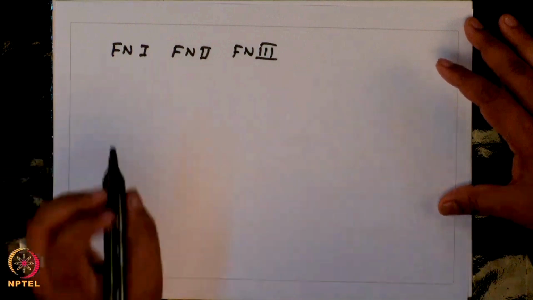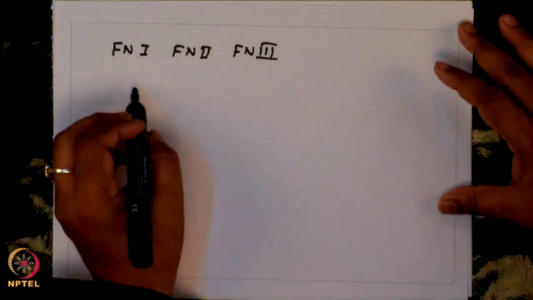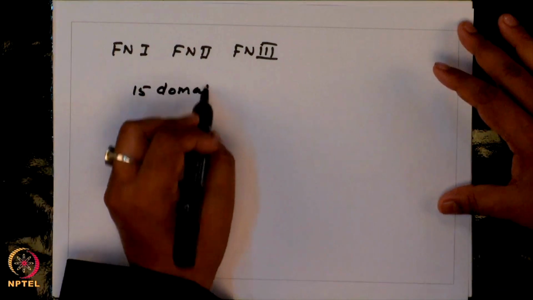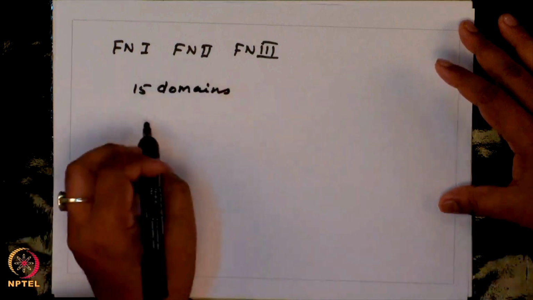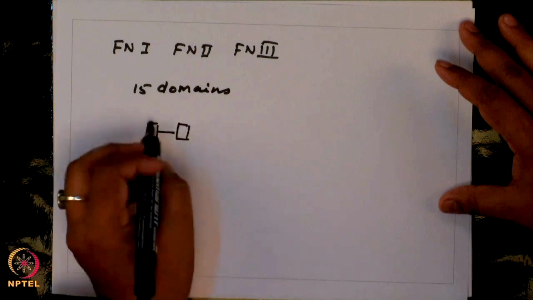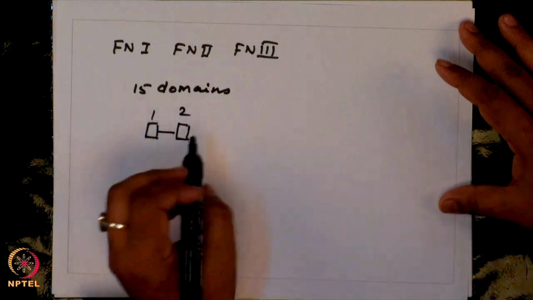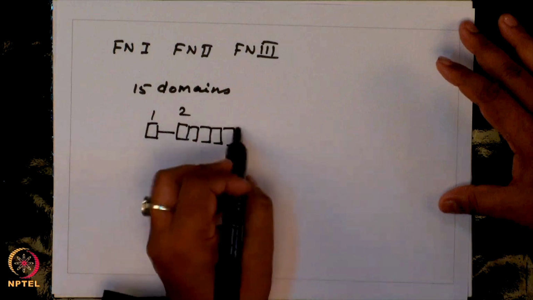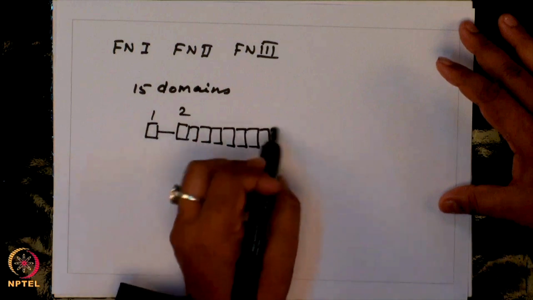Okay. So, FN3 has 15 domains. Okay. So, the structure of FN3 is roughly like this. You have the first and second domains connected by a linker, and then you have these 4, 5, 6, 7, 8, 9, 10.